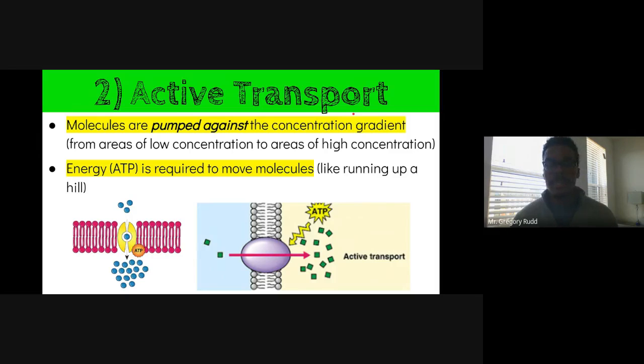We've talked about this before. So ATP is required to move molecules against their concentration gradient. This means to move them from an area of low concentration to an area of high concentration. It requires an input of ATP.